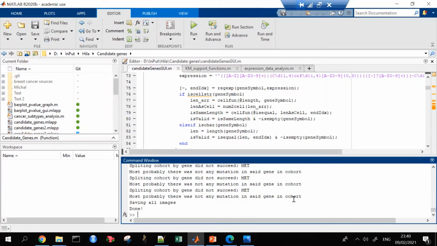So what happened here is that we tried to split the patients by the driver gene MET, and the problem is that there are no mutations in MET, specifically in the breast cancer data set.